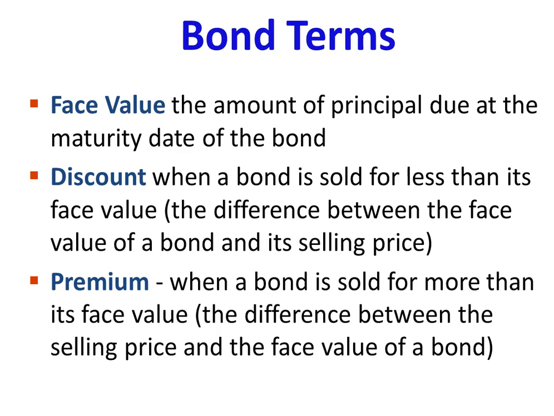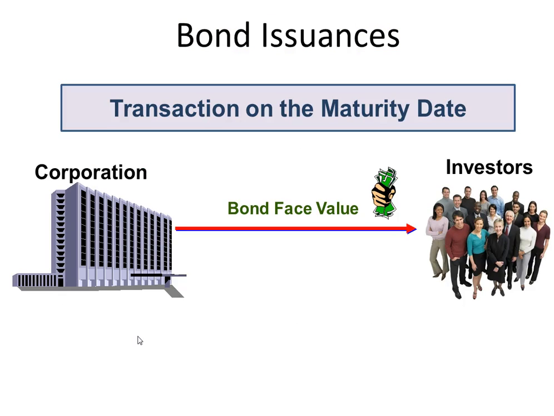Now, the price you pay for this bond is going to be one of three things. You're either going to pay at a discount, at a premium, or the third one is at par value. Par equals 100%. Discount is less than par. Premium is the price over and above par.